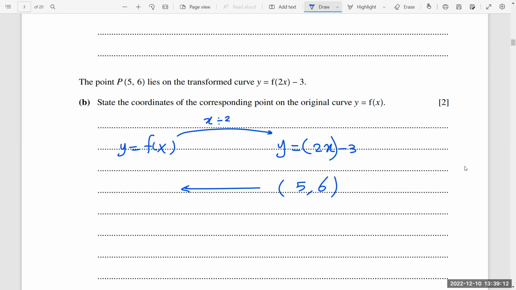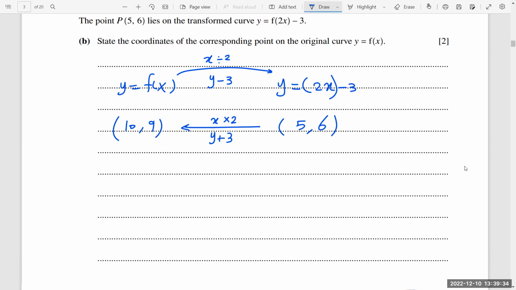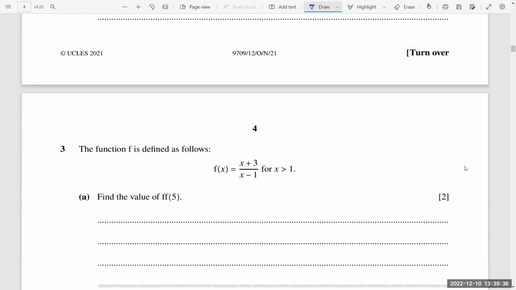And the y will be subtracted by 3. We do the opposite now. The x here, you just multiply by 2. So 5 times 2 will be 10. And the y, instead of subtracting 3, will be increased by 3. So 6 plus 3 is 9. So the original point here is 10 and 9. Okay? This is the answer.